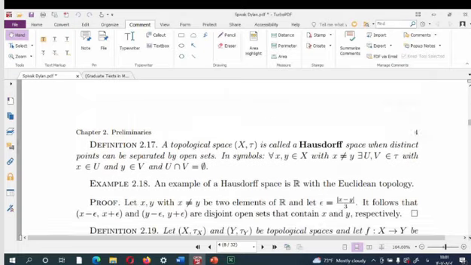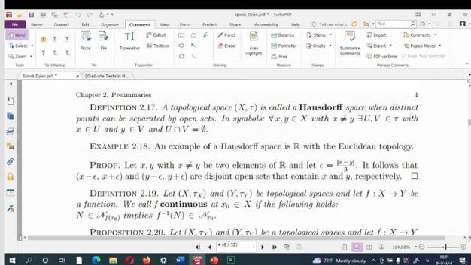And we have a very important definition: Hausdorff space. A topological space is called a Hausdorff space when distinct points can be separated by open sets.